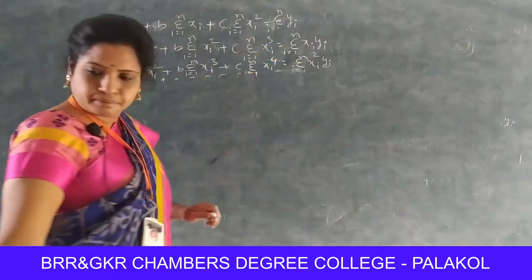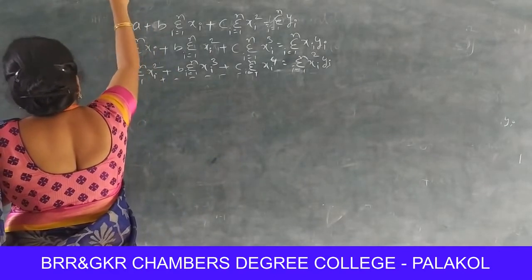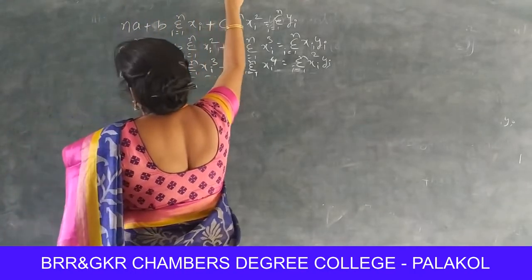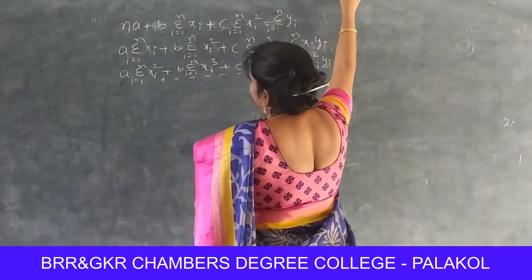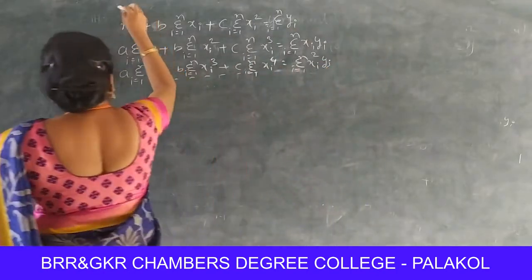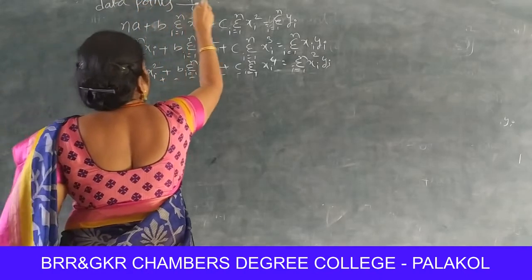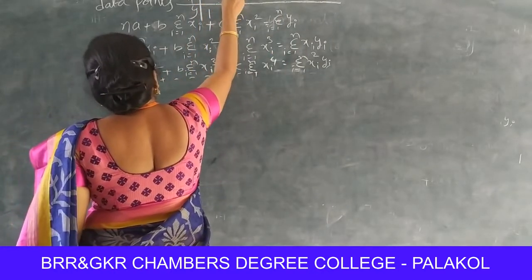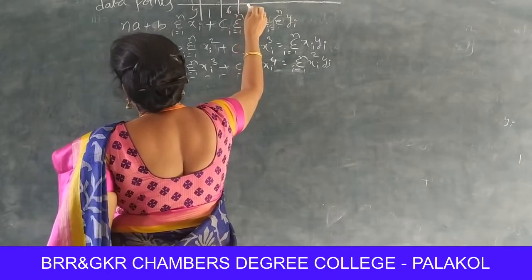The first problem is: find the polynomial of second degree to the following data points x, y: 0, 1; 1, 6; 2, 17.